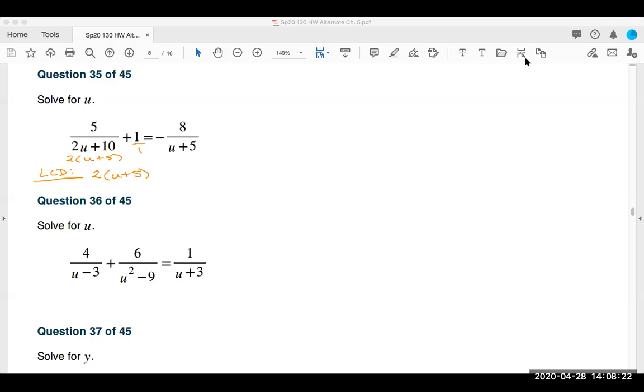Okay, so I'm going to multiply the LCD to the entire equation just to get rid of the fractions.